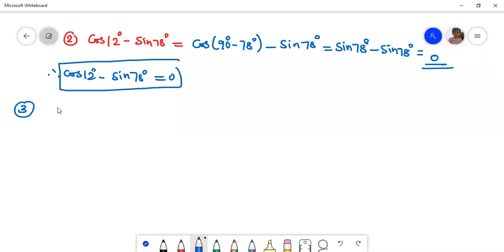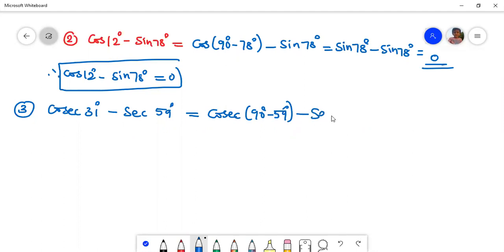Third one: cosec 31 degrees minus sec 59 degrees. Cosec and sec are both interrelated. In the place of cosec 31 you write cosec of (90 minus 59) degrees, since 90 minus 59 is equal to 31 degrees.